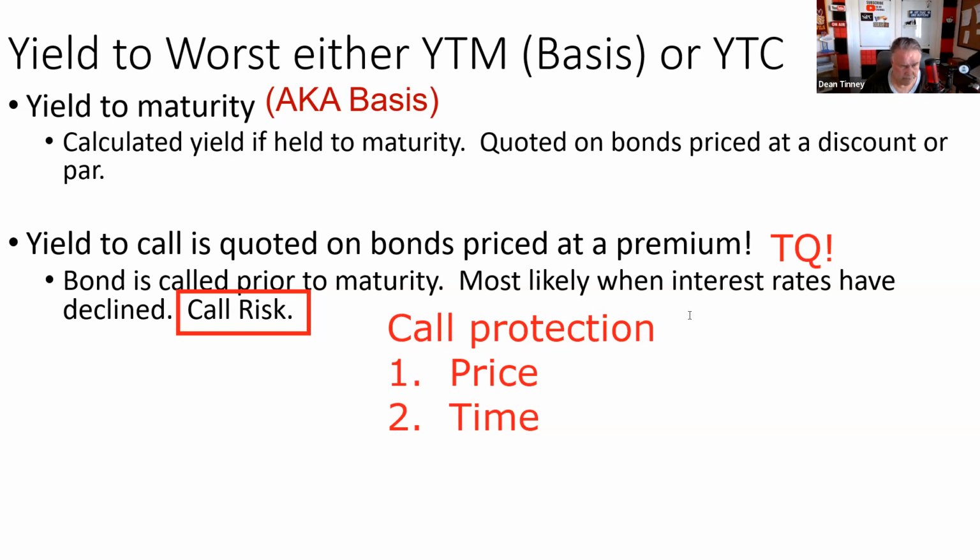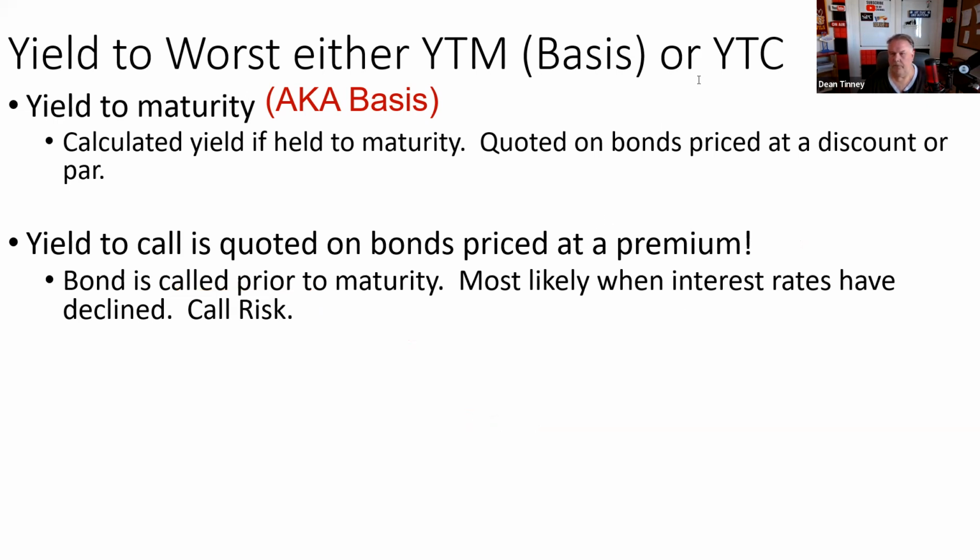A put provision is an advantage to you, the bondholder, that allows you to put the bond back to the issuer. And that would be a really nifty thing to have in a rising interest rate environment. And that would result in a higher price to you and a lower yield, right? So puts and calls are different things as it relates to bonds.